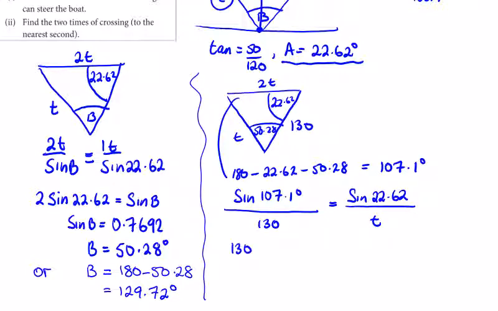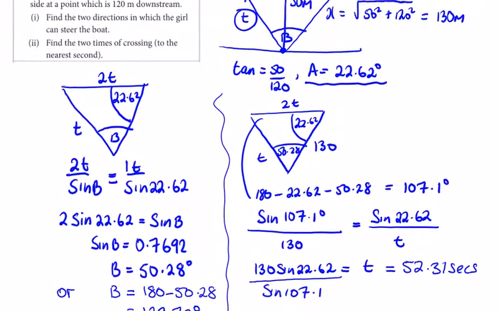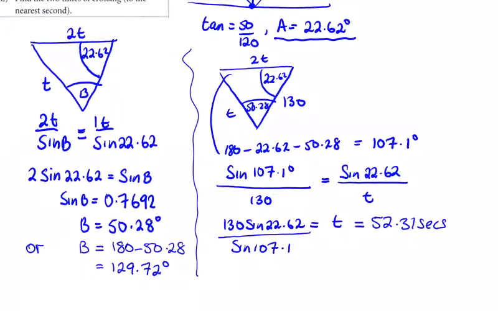So cross multiplying, 130 sine 22.62 is equal to t times the sine of 107.1. So if I divide by the sine of 107.1, that will give me t, which is equal to 52.31 seconds. Does it ask us to round it off to the nearest second? 52 seconds.